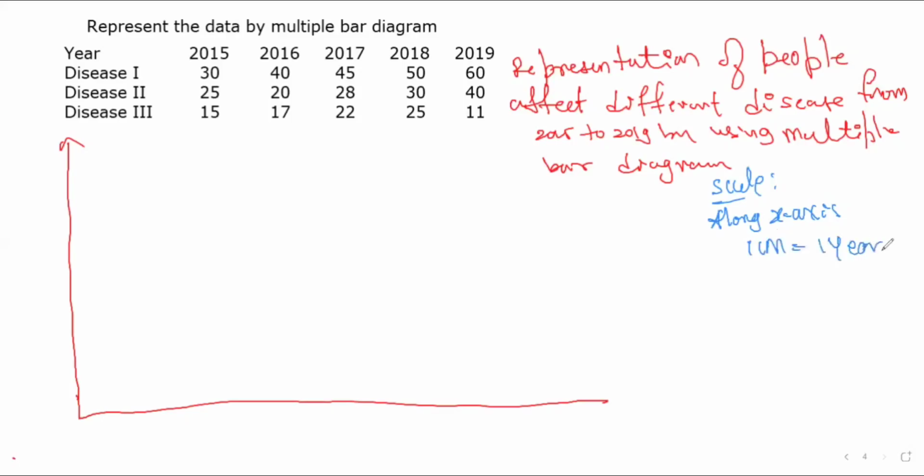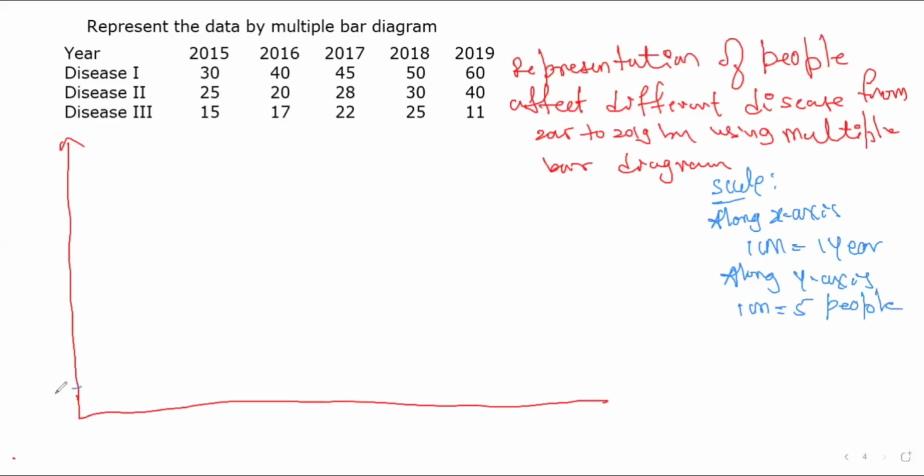It means that the gap between each set of bars is 1 centimeter. Then along the y-axis, 1 centimeter equal to 5 patients or 5 people.